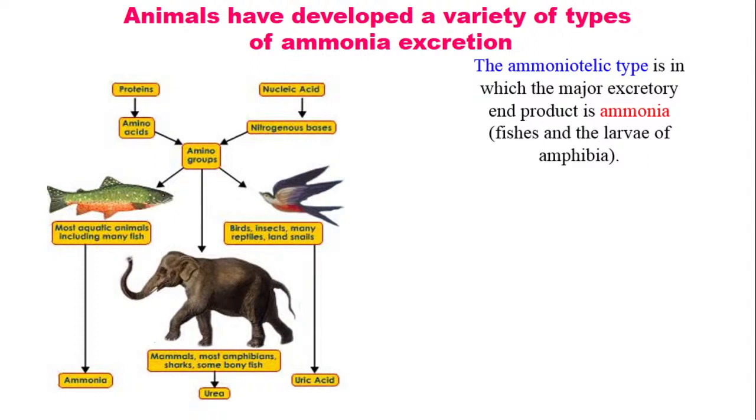This is possible for animals living in a water medium; they can excrete even through the skin, because water all the time will wet them and take ammonia from the surface of the body. Ammoniotelic animals are most fishes and larvae of amphibia, which also live in water.